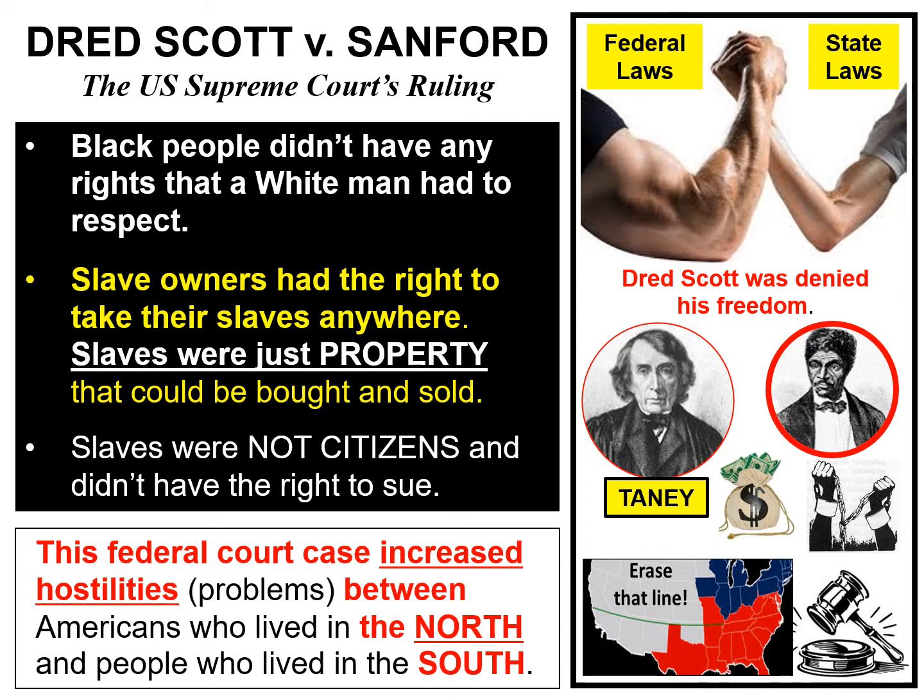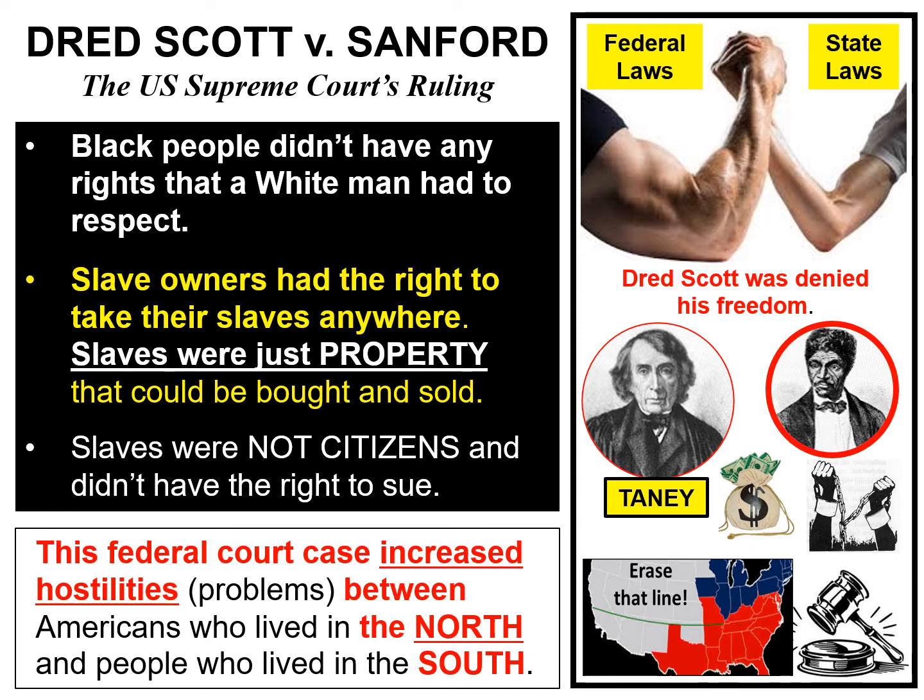And then he said that slaves were not citizens and they didn't have the right to sue. So basically what the judge is saying is, you Black people from Africa, you were born a slave, you're going to die a slave. You're never going to get your freedom in this country. You're never going to be a citizen. And that's just how it is. I refuse to take a white man's property away from him.